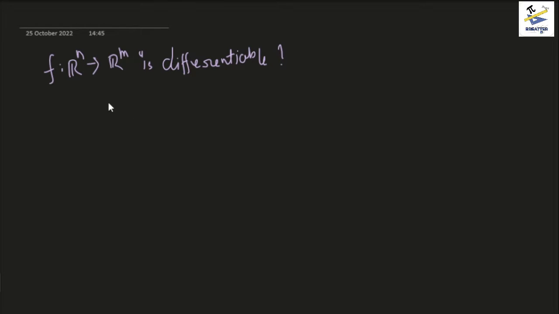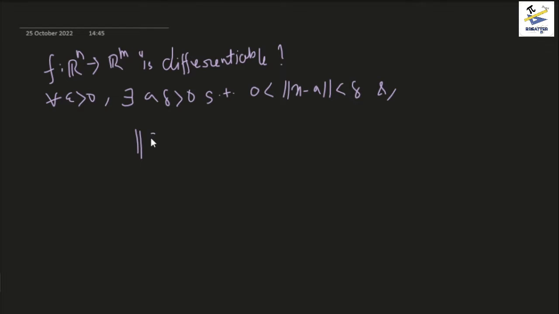So when it was continuous, we understood that for every epsilon greater than 0 there would exist a delta greater than 0 such that 0 less than norm of x minus a less than delta, and we would say that norm of f of x minus b should be less than epsilon, right?